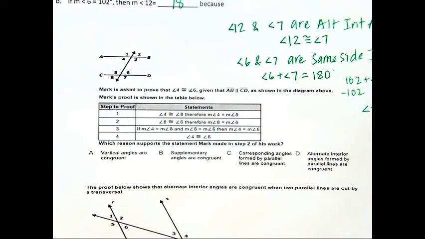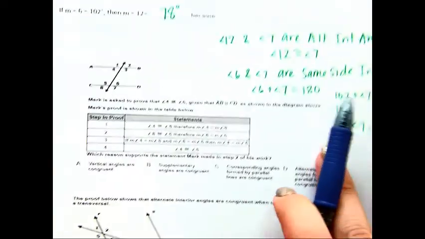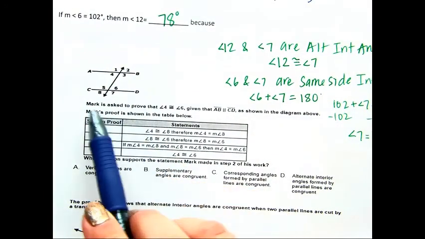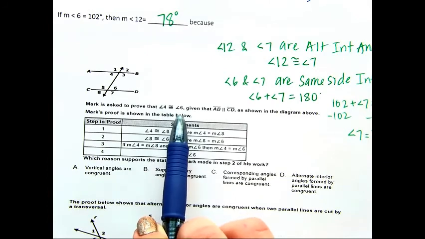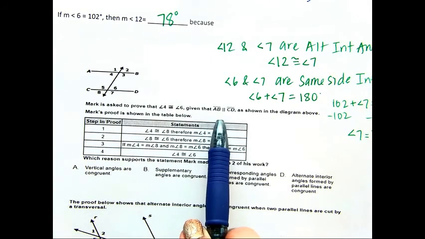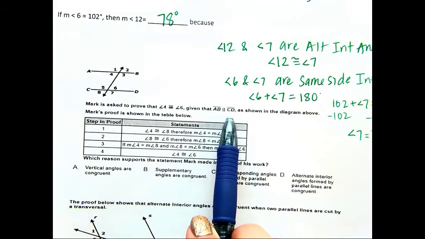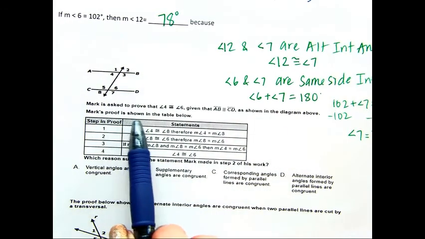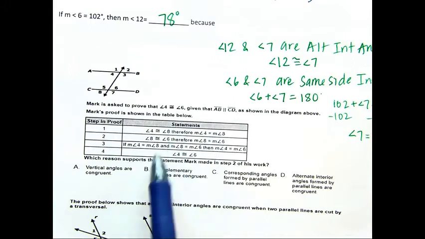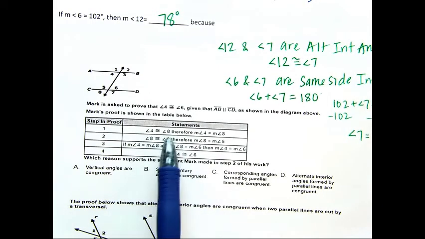Okay, so number 16, we have two lines cut by a transversal. Mark is asked to prove that angle 4 is congruent to angle 6, given that AB and CD are parallel. Mark's proof is shown in the table below. Angle 4 is congruent to angle 8.